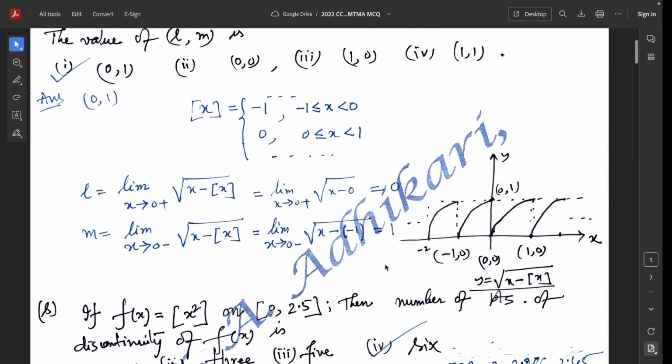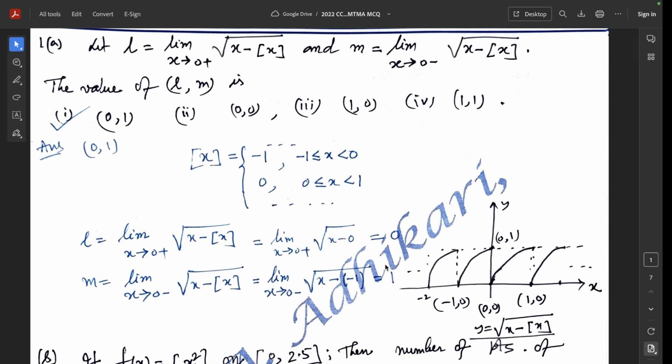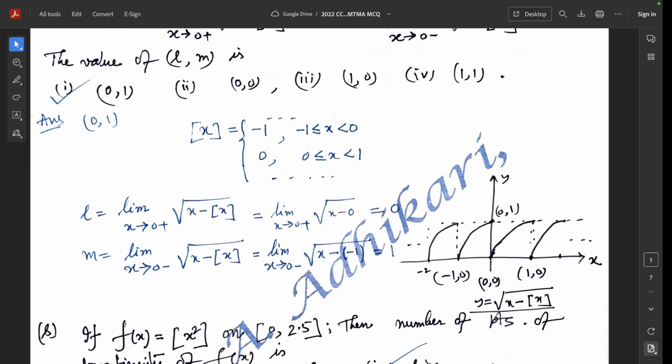Actually, by the Desmos application, we get the graph y equal to square root of x minus box x. So this is the graph, and when the limit x tends to 0 plus, we get value 0, and when 0 minus, the left hand limit, the value is 1.